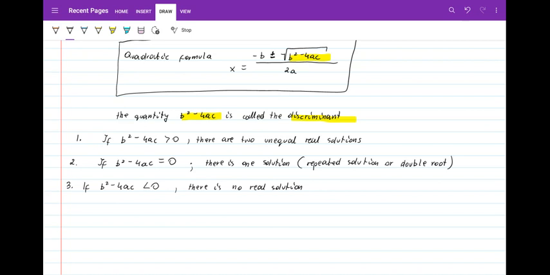However, if the discriminant is negative, you can find solutions in the complex number system. So you can only solve the equation in the complex number system.